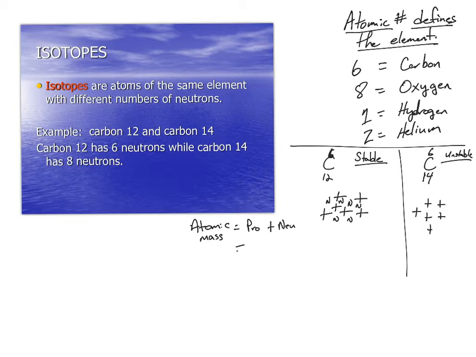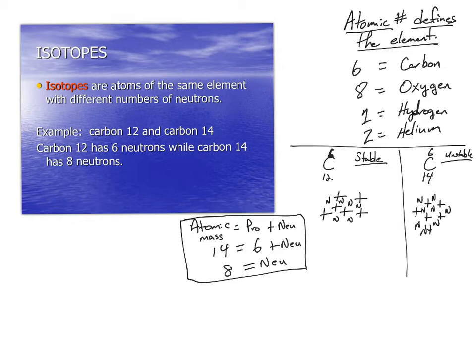I have the number of protons at 6, atomic mass is 14. How many neutrons do I have? That equals 8. So I have 8 neutrons.